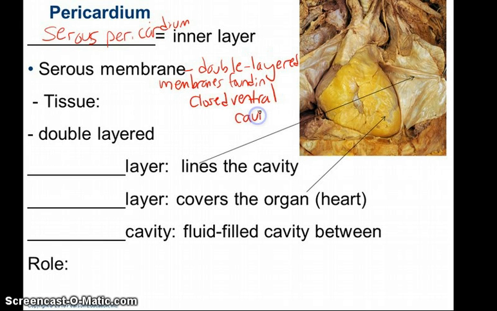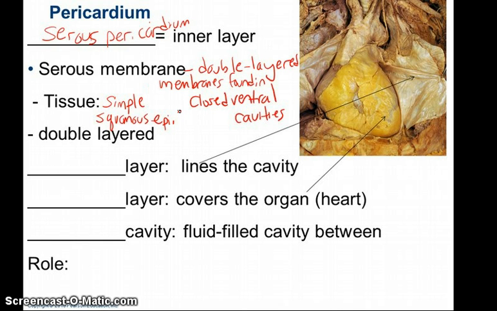Okay, so that's a review from A&P 1. The type of tissue that makes up serous membranes is actually simple squamous epithelium. So it's very thin.